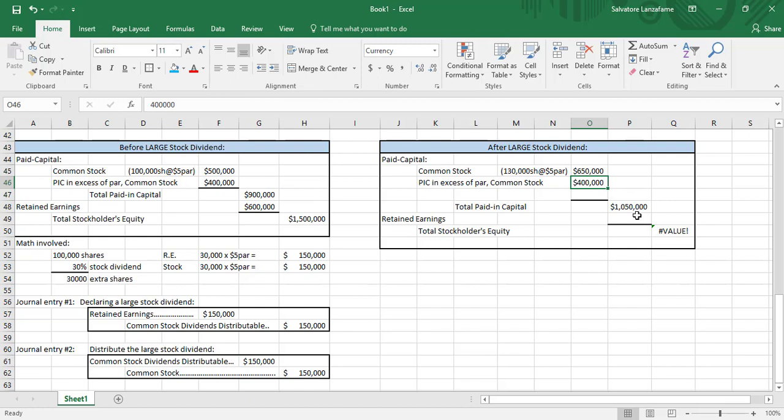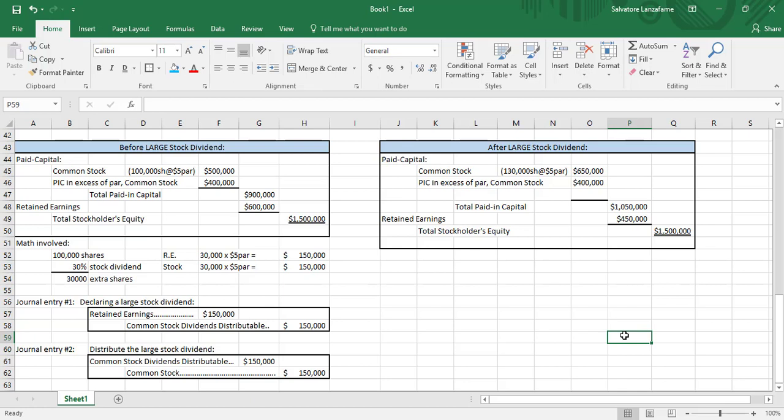But our retained earnings needs to go down by 150, since that's the par value. So we had 600,000, we're going to subtract 150, and look at the value of my stockholders' equity. The value of my stockholders' equity is still the same at 1,500,000.